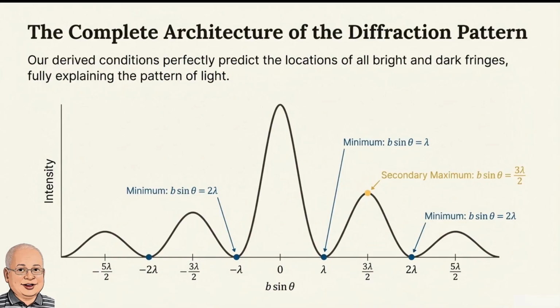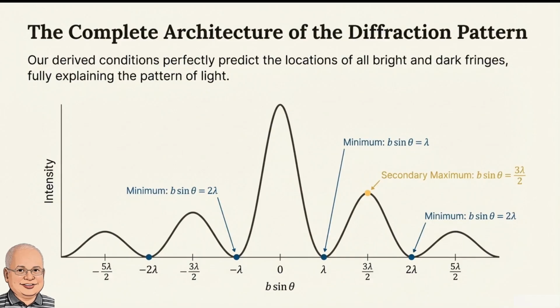On both sides lambda, then 3 lambda by 2, 2 lambda, 5 lambda by 2, etc. At 0, we get the central maxima, so intensity will be maximum at 0. At 3 lambda by 2, 5 lambda by 2, at these odd multiples of lambda by 2, we are going to get the secondary maxima, and at integer multiples of lambda we will get a minimum. So that will be secondary maxima, tertiary maxima, etc.